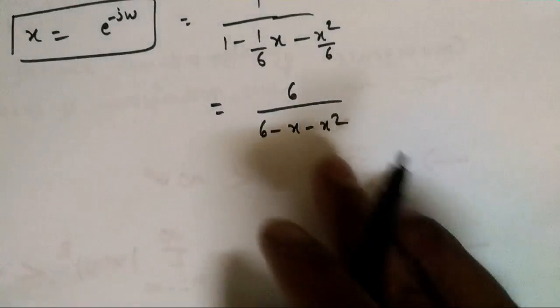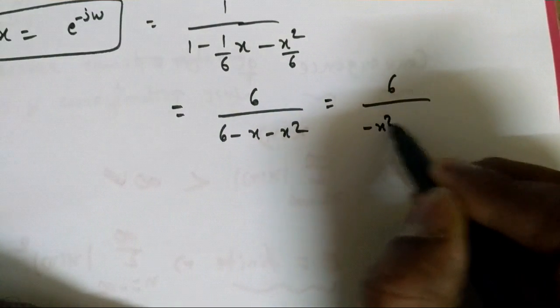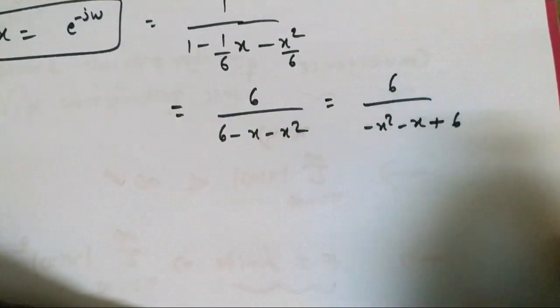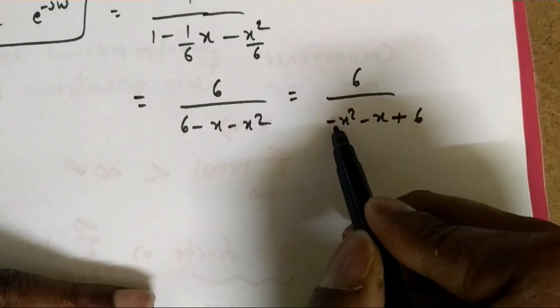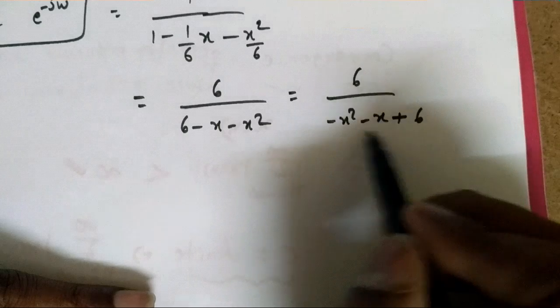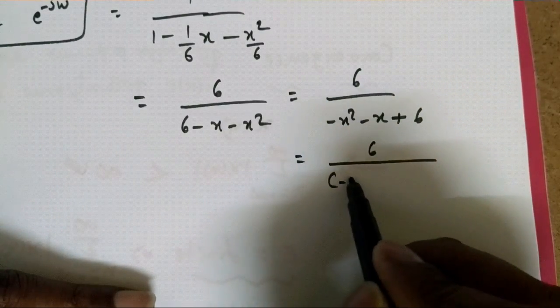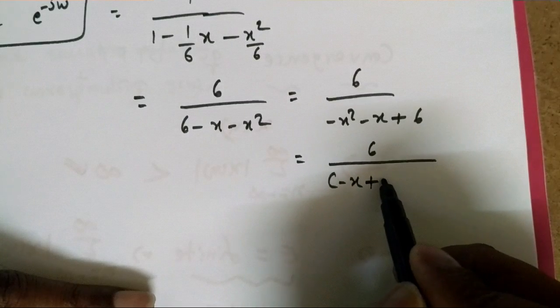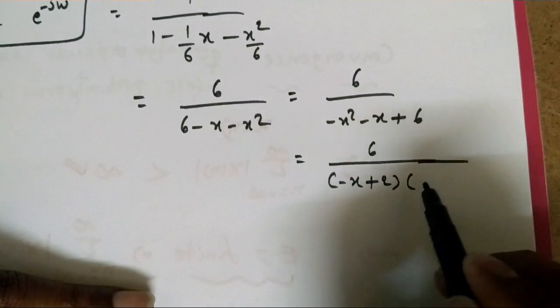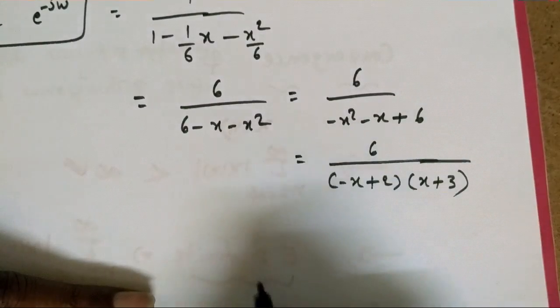Now we can easily solve this one. How? 6 by minus x square minus x plus 6. If I multiply I should get minus 6, and if I add we'll get minus x. So that will become 6 by minus x plus 2 into x plus 3.